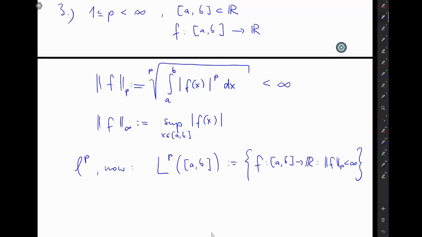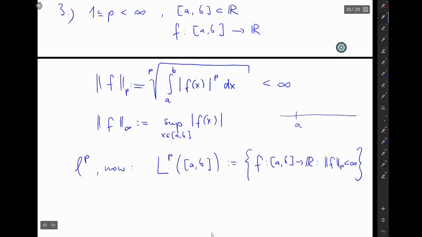Okay, if you want to check whether or not this is a norm, you have to be a bit more careful, and in particular you will probably find that some of your functions give you a norm 0 without being 0.